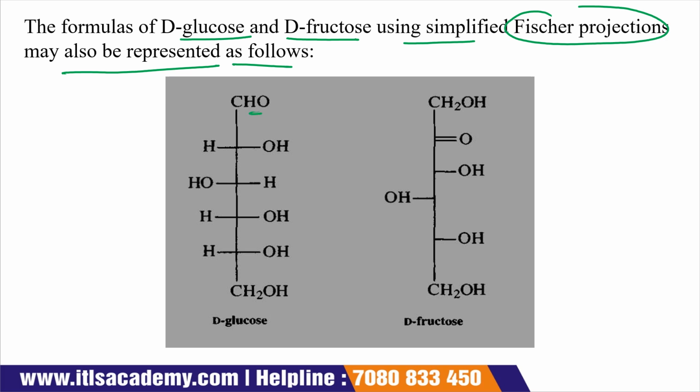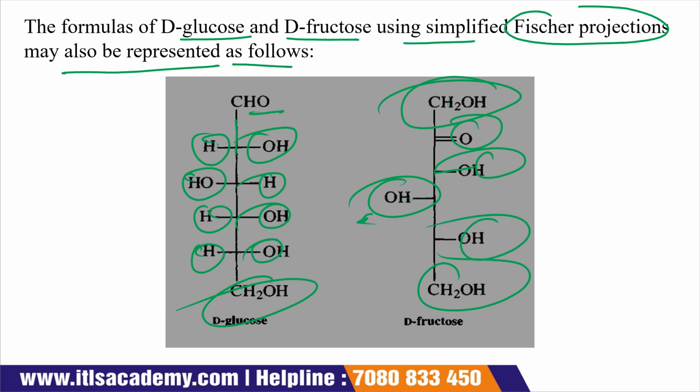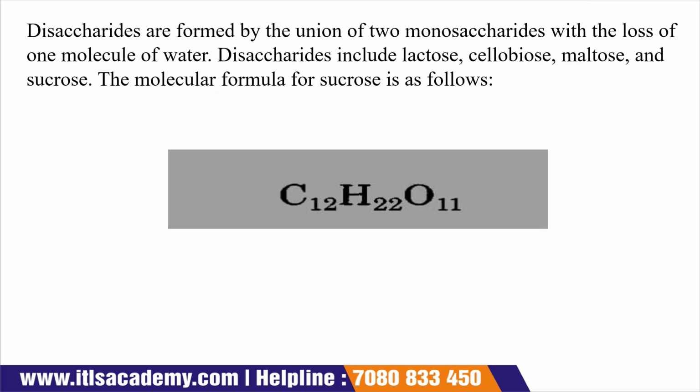Here it is CHO, then H, OH, OH, H, H, OH, H, OH, then again CH2OH. Here, two CH2OH, then a double bond of O, then a single bond of OH, then in the alternate, OH is attached with a single bond. This is your D-fructose and this is your D-glucose.